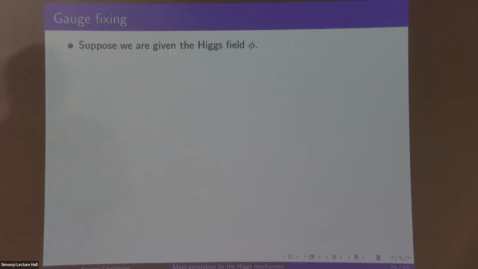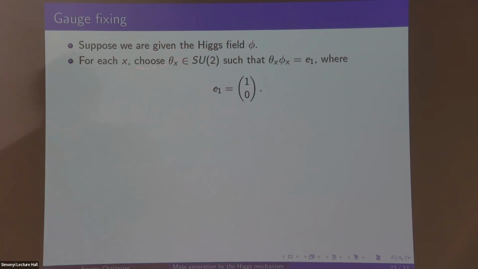Okay, so now there is this thing called gauge fixing, and I'll not talk about gauge fixing in general. I'll only talk about gauge fixing in this very special SU2 model coupled to a Higgs field in the fundamental representation. Suppose you are given the Higgs field phi.